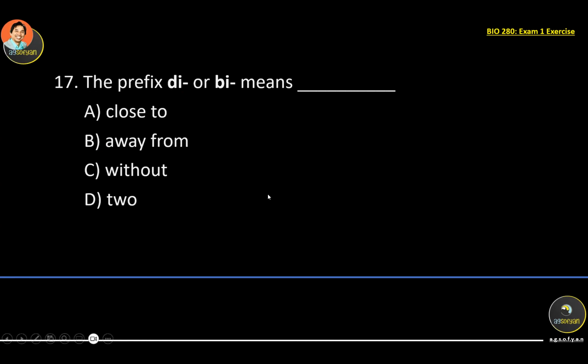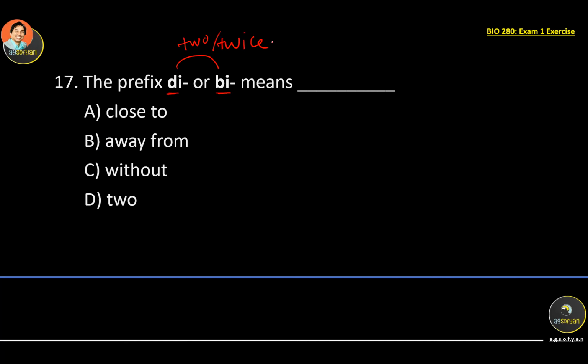Prefix D or B or die or by. Sometimes we pronounce it D or B, sometimes die, sometimes by. Usually D or B. These words have a very similar meaning: two or twice.